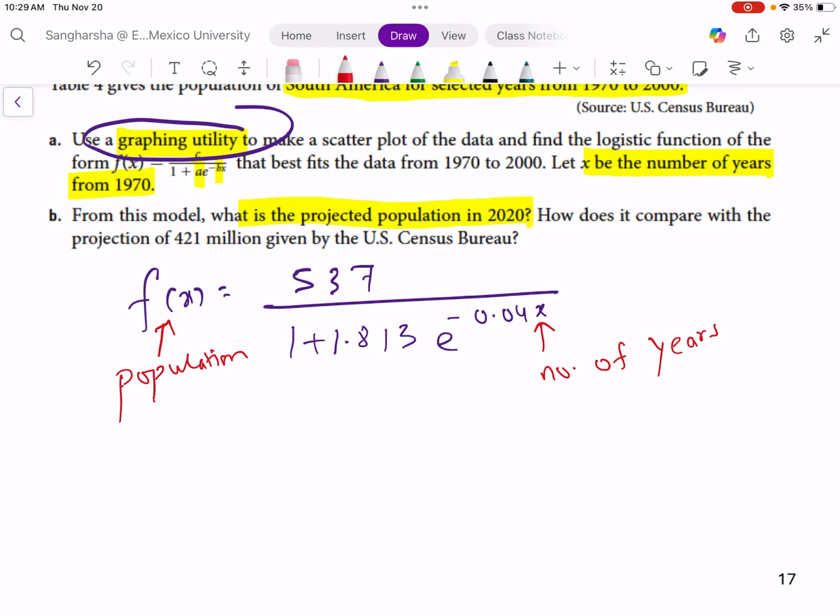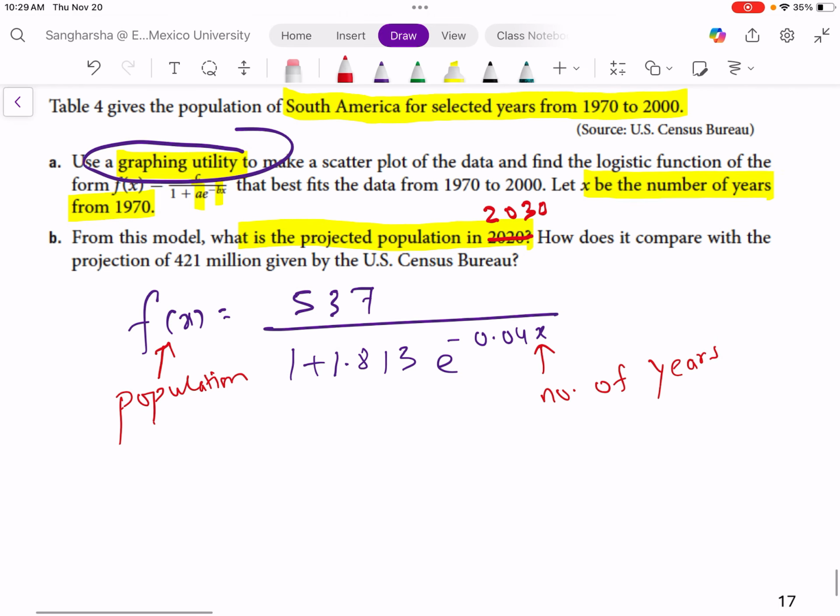We are trying to find the projected population, so let's make a projection for 2030 instead of 2020. This is our future. We don't know what the population of South Africa will be in 2030.